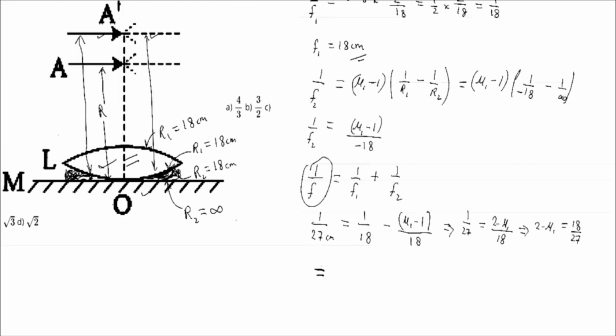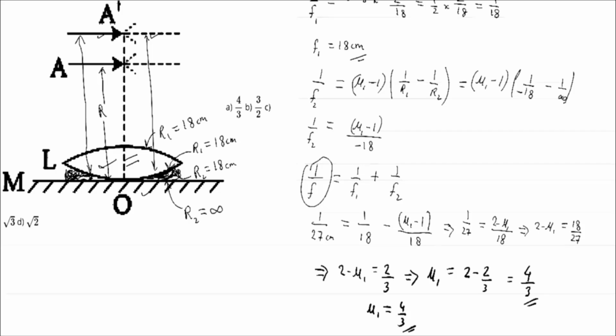Now 2 minus mu1 is equal to 2 by 3. So mu1 is equal to 2 minus 2 by 3, which is equal to 4 by 3. So mu1 is equal to 4 by 3, and option A is the correct answer of this question.